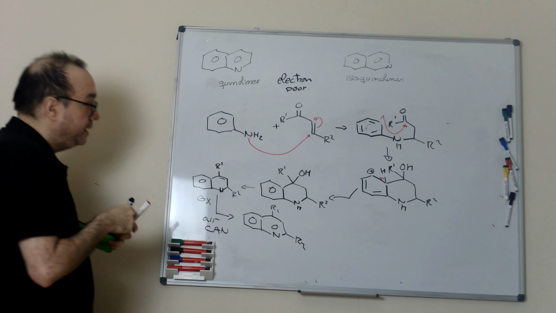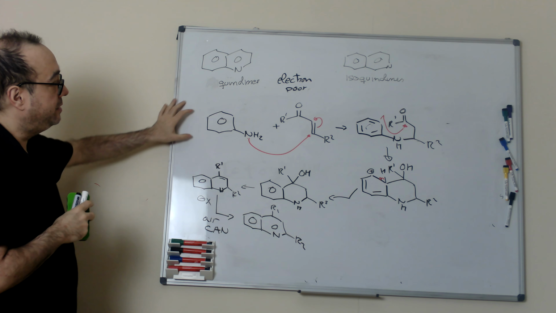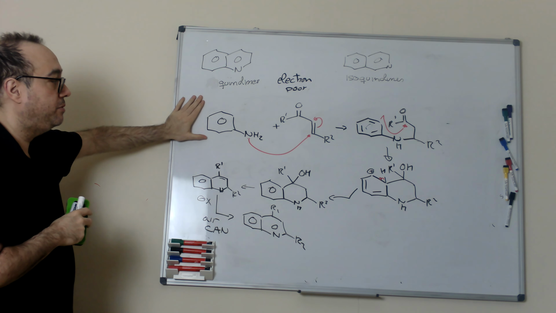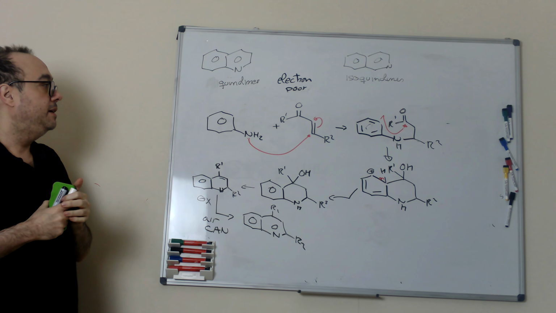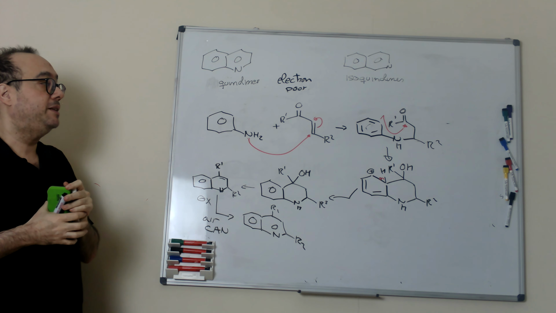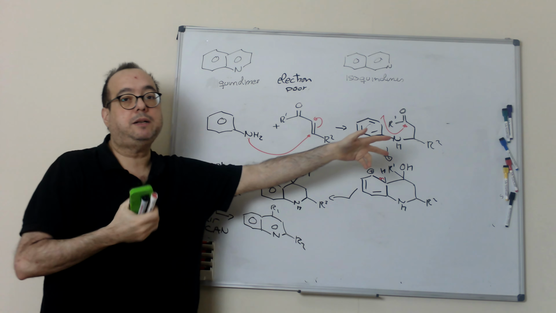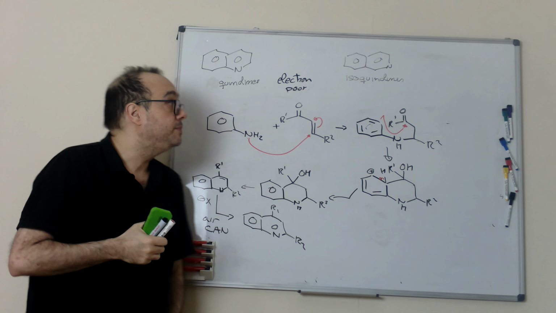Okay, this is the synthesis of quinolines. Basically, we start with an aniline and then we react with an alpha,beta-unsaturated ketone or an alpha,beta-unsaturated aldehyde. Okay, first Michael addition followed by intramolecular 1,2 addition.